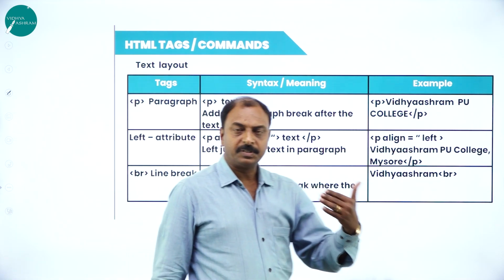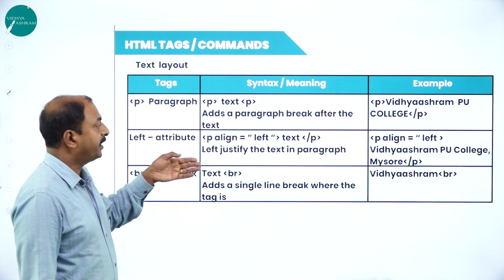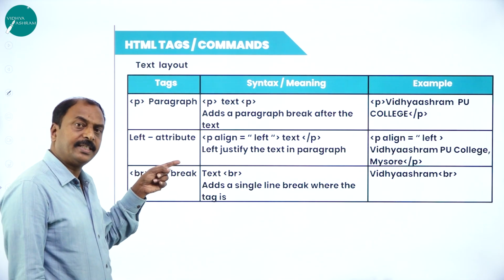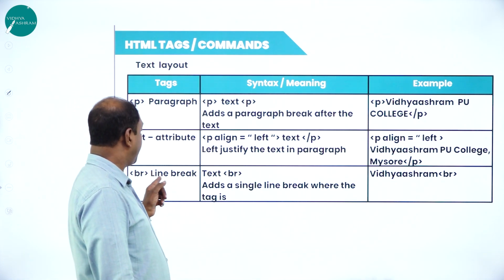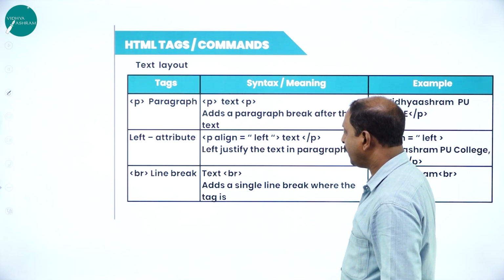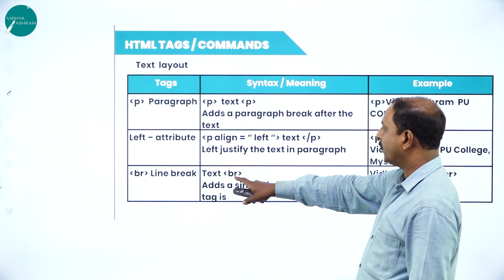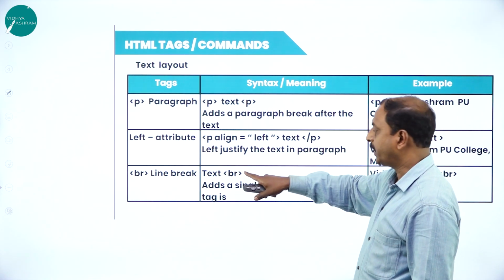Similarly, it is also possible to use right alignment as well as center alignment, that is, the right attribute and center attribute. Now let us see the next tag, the BR tag. The BR tag is the line break tag. First you write the text or information, then we use the BR tag, and it is a single tag, there is no closing tag for this.